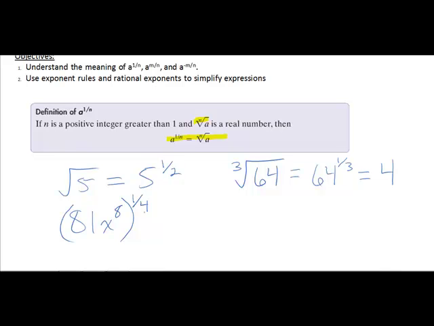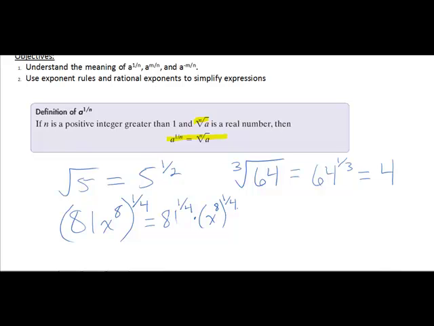So we're going to take that 1/4 and apply it to both numbers inside of the parentheses. So this is 81 to the 1/4 times, let me put that x to the 8th in parentheses so we don't lose it, x to the 8th to the 1/4.